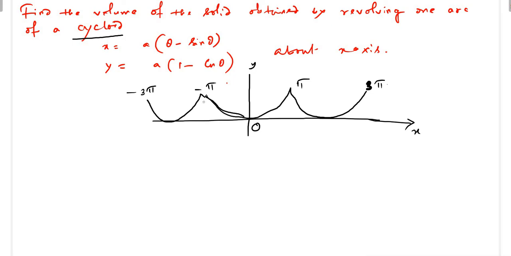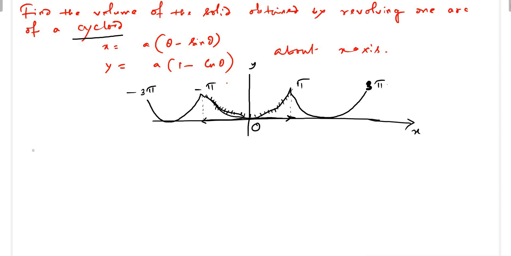It means we can rotate from this portion to this portion, and if you rotate this portion of the curve around x-axis, fixing this line, you will have a three-dimensional shaped body.